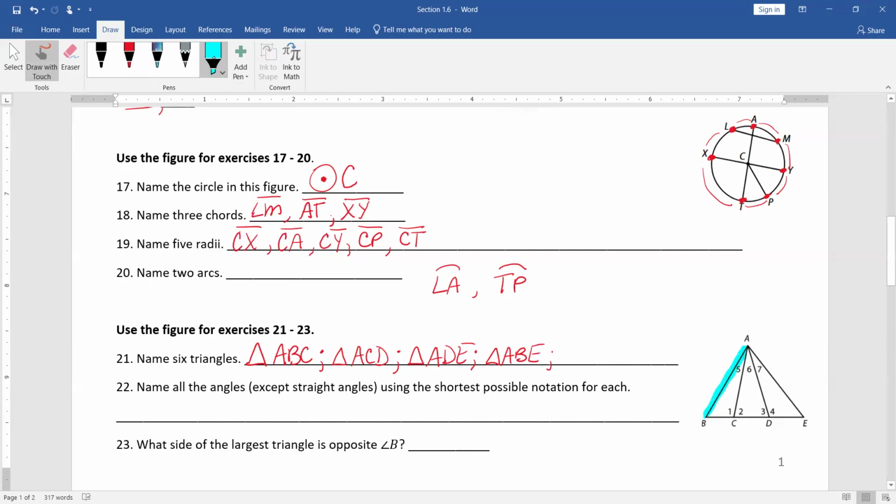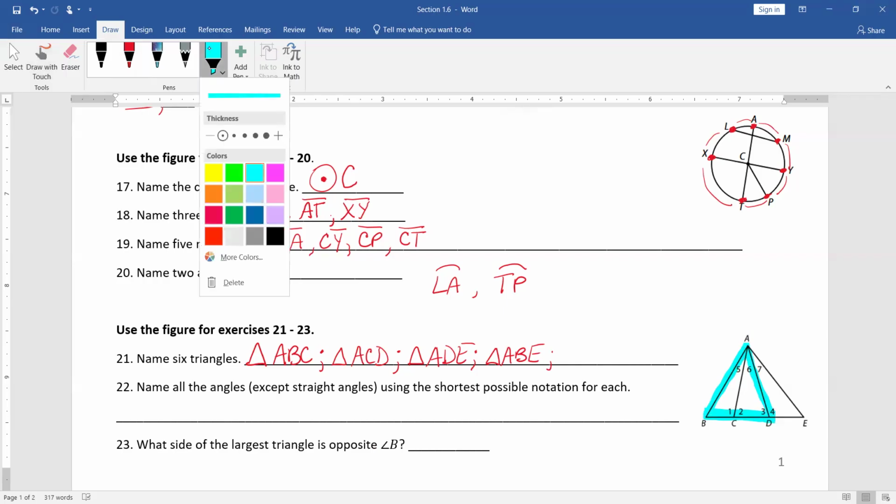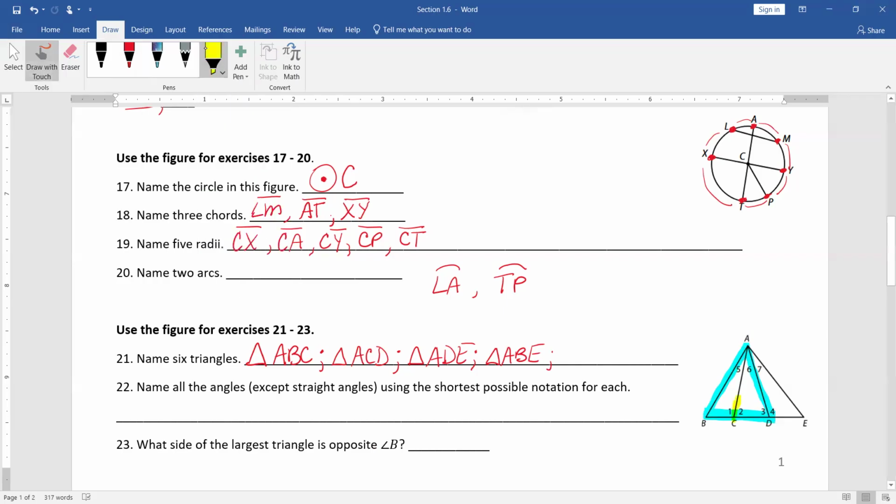So I have BAD, that's one triangle. And I have CAE. Those are the last 2. So again, we can name them however we want. I'm going to say triangle BAD. And then triangle CAE. And there's our 6 triangles.